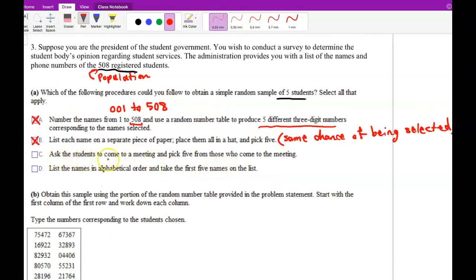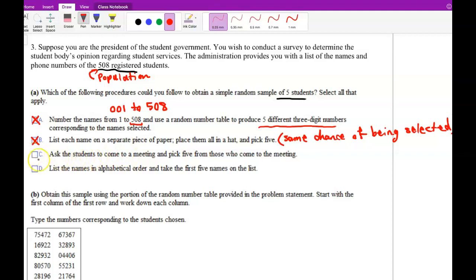Then part C asks students to come to a meeting and pick 5 from those who come to the meeting. We're not able to use this one. What if some of these students were not able to come to that meeting? So it's not fair to choose our sample from only students that came to the meeting.